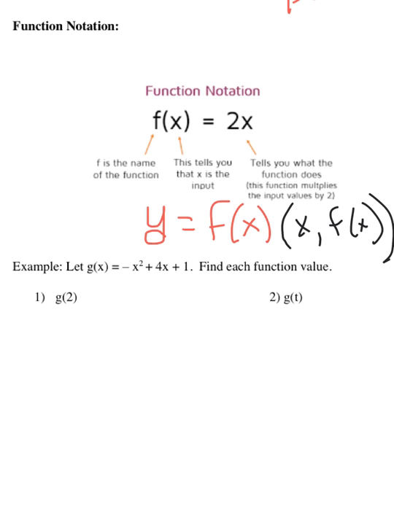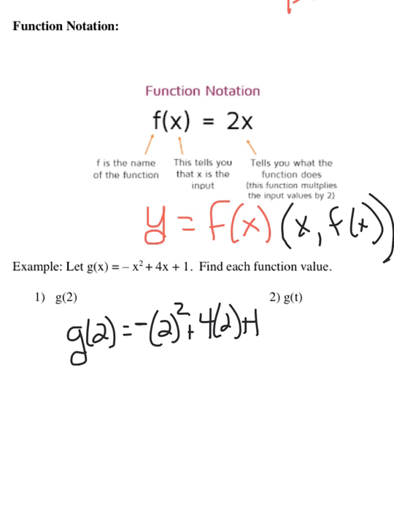We're going to do some substitution. First of all, I've taken the value 2, which is what they want me to use for an input, and I've substituted it into my equation. So here I put my g of 2 equals negative 2 squared plus 4 times 2 plus 1.